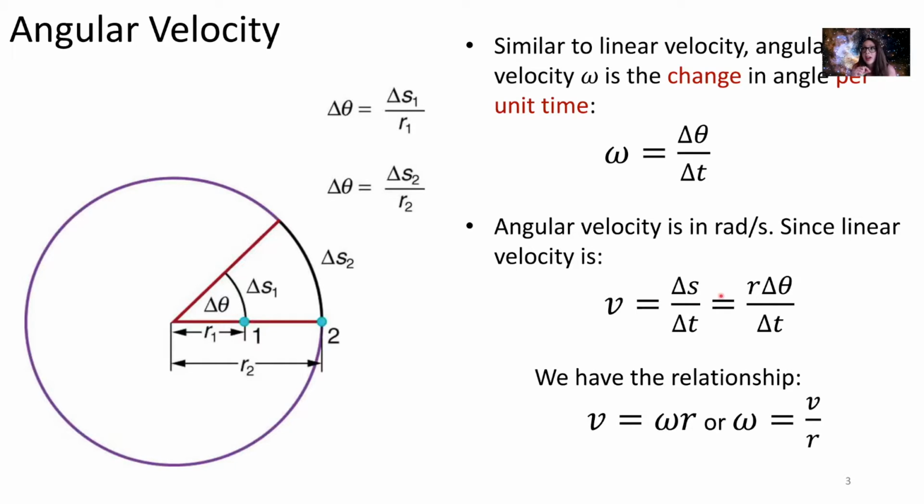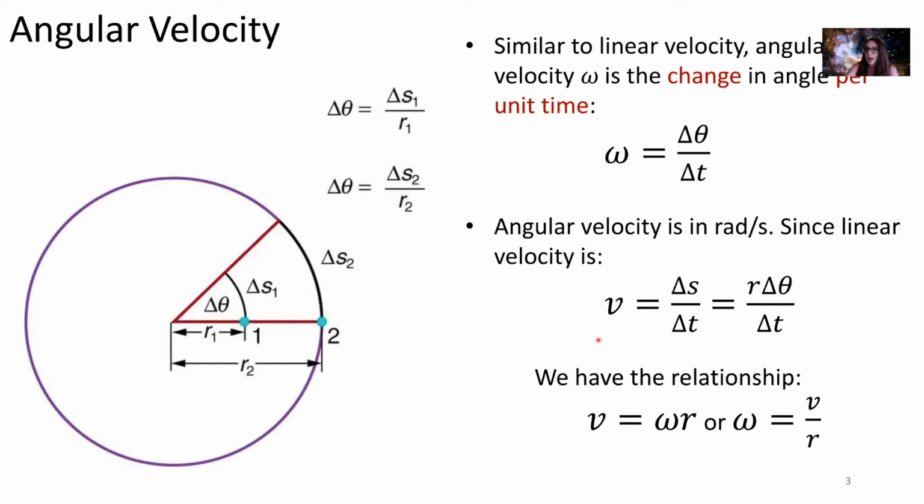And in the previous slide, we showed that our arc length is the same thing as the radius times your change in angle in radians. So linear velocity is equal to delta S over delta t. It's also equal to r delta theta over delta t.